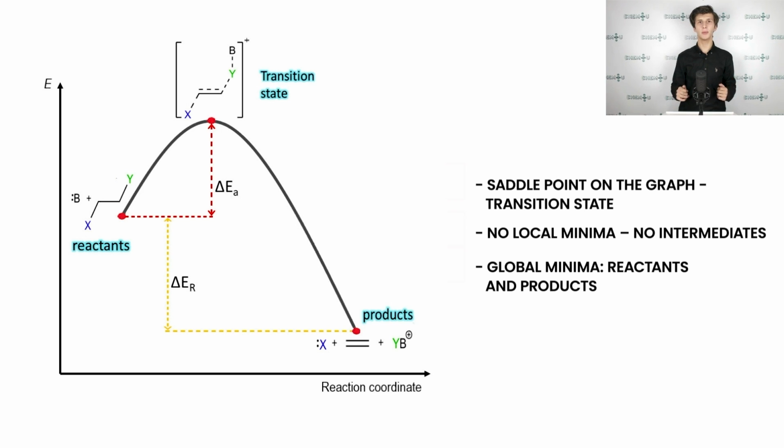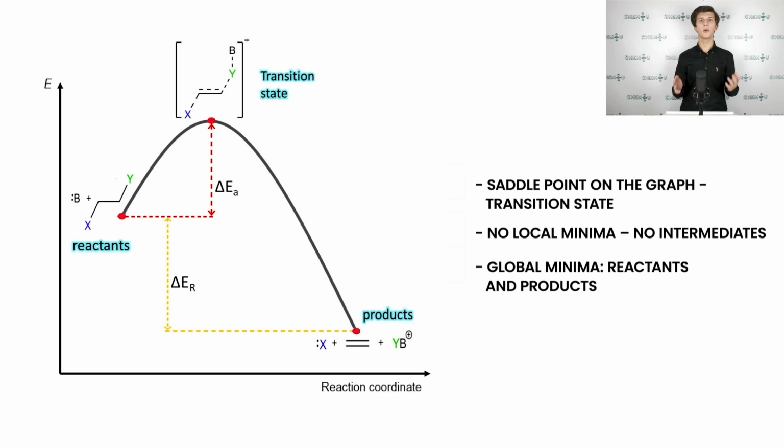The second minimum is products, namely leaving group, olefin, and protonated base BH+. Also, you can see the activation energy of the reaction colored in red and reaction energy in yellow. We are not going to specify whether these energies are Gibbs free energies or enthalpies, because this difference does not play an important role now.